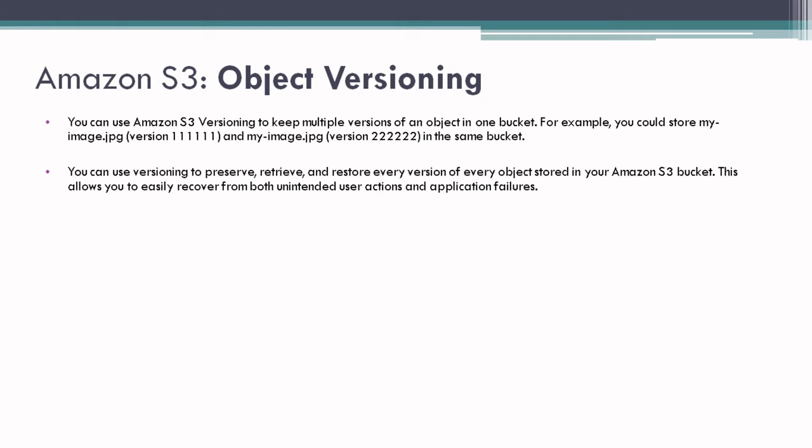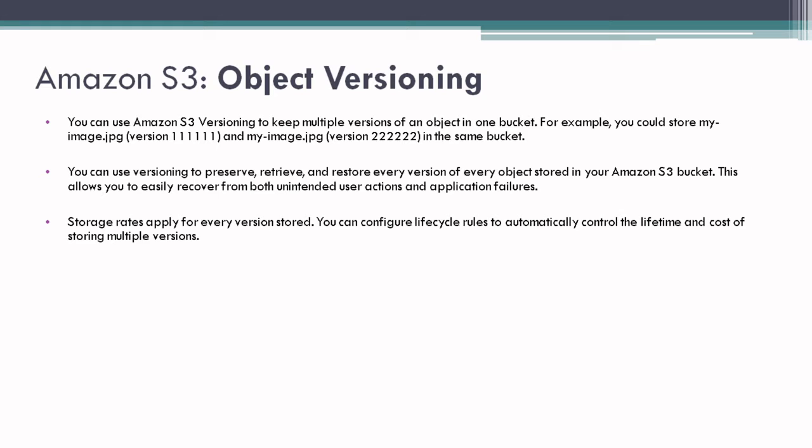So Amazon S3 will maintain different versions of your object in the same bucket. Storage rates apply for every version stored. You can configure lifecycle rules to automatically control the lifetime and cost of storing multiple versions.